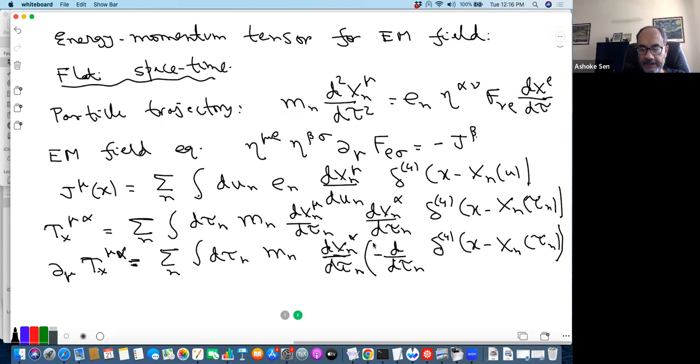What goes wrong here is that when you apply this d/d tau, when you do this integration by parts, you get d^2x_n^alpha/d tau_n^2, but that of course is not 0 anymore. It's given here. So this is what we are going to use now. We'll do the integration by parts, and then we'll apply this equation, the Lorentz force law. I hope this is clear.